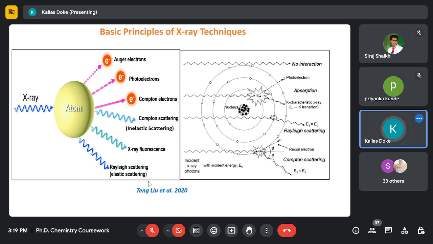When X radiation from a copper anode interacts with our system made of atoms and molecules, you observe different phenomena. Scattering may be observed, fluorescence may be observed, or Compton scattering may be observed, or electrons may be ejected from the system, which we call photoelectrons, also called Compton electrons, or Auger electrons, depending on the principle.